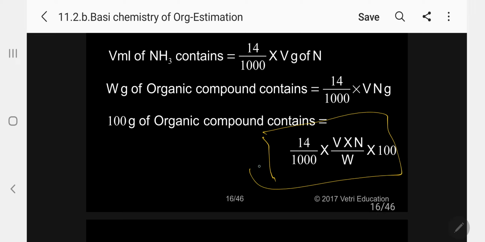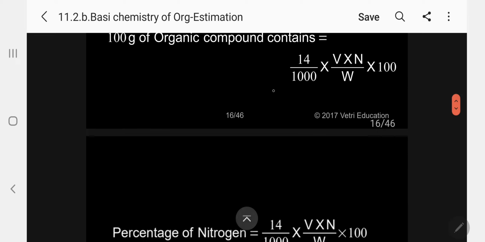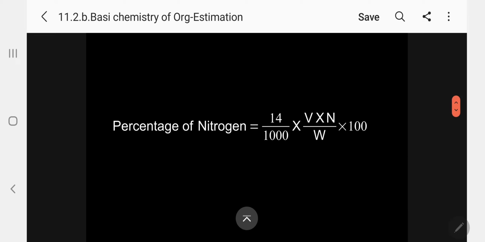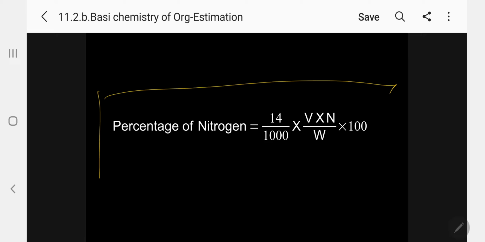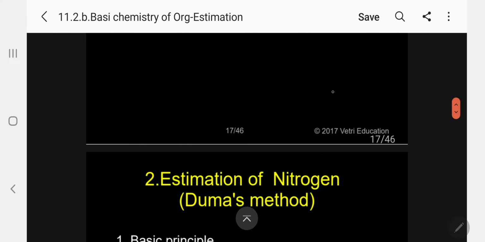Kindly follow. So now I can say percentage of nitrogen is equal to 14 by 1000 into V into N by W into 100. This should be memorized. Kindly follow, this you have to memorize.